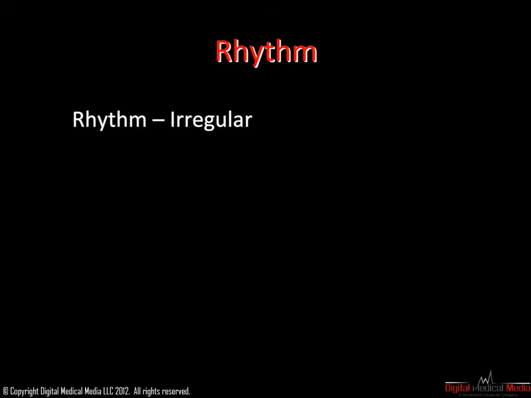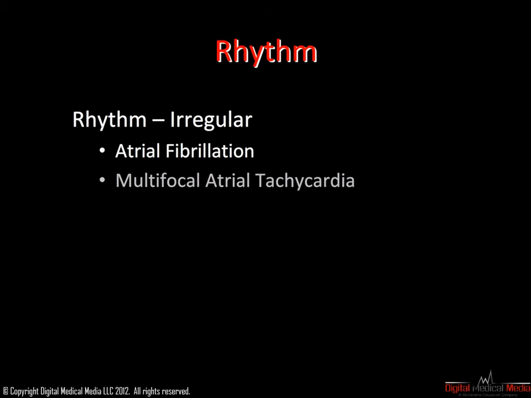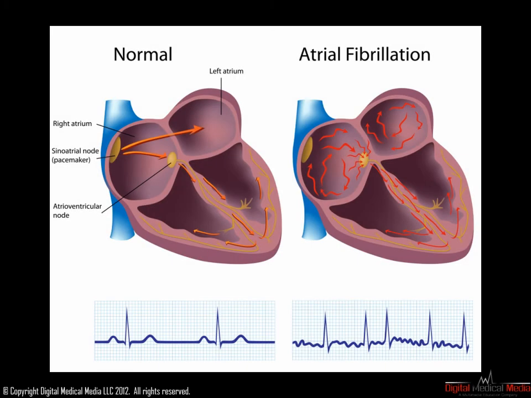Unlike PACs, PVCs, and sinus arrhythmia, the following two rhythms are completely irregular, almost chaotic in appearance. These two rhythms are atrial fibrillation and multifocal atrial tachycardia. In atrial fibrillation, the sinus node is no longer firing. Signals are originating in multiple parts of the left and right atria.